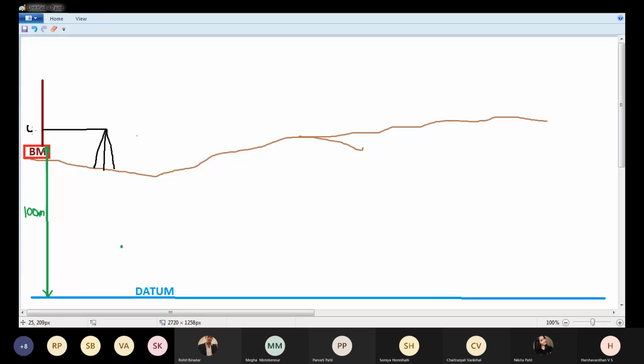This staff reading I'm getting as 0.5, and because I'm taking the staff reading on a point whose elevation is known, this particular staff reading is backside.